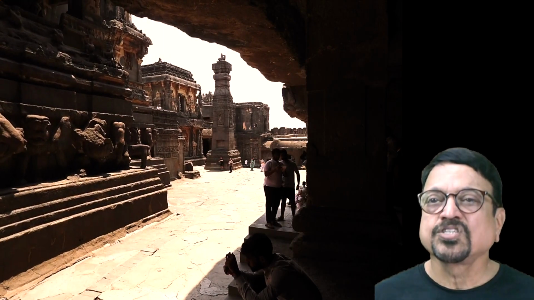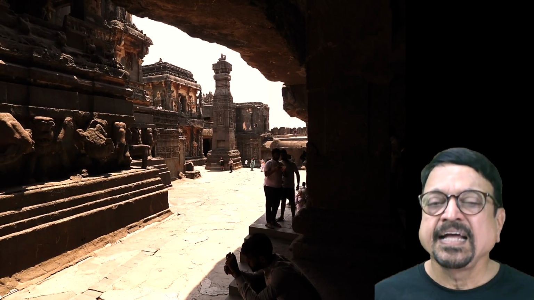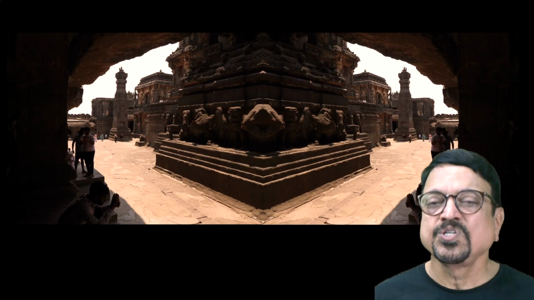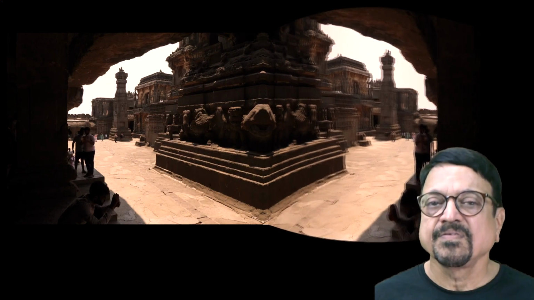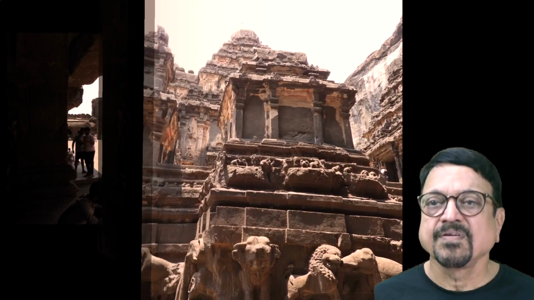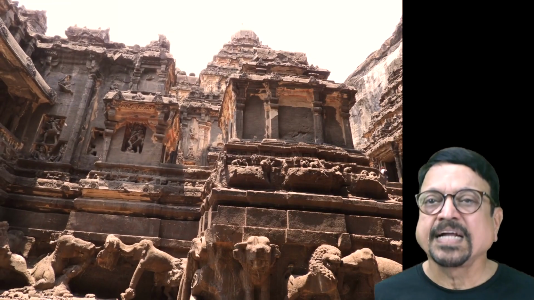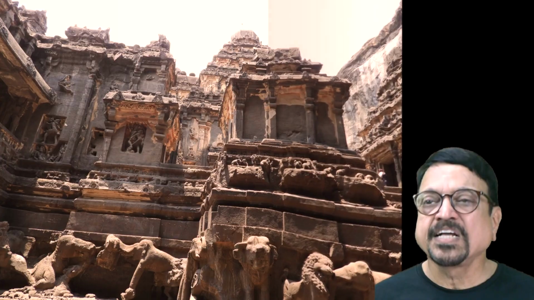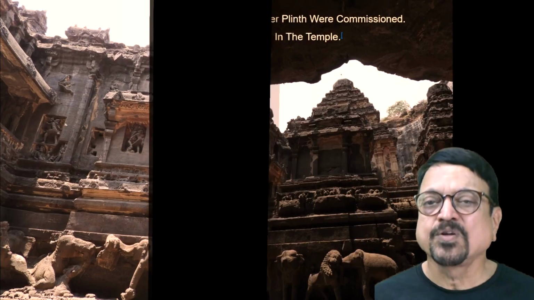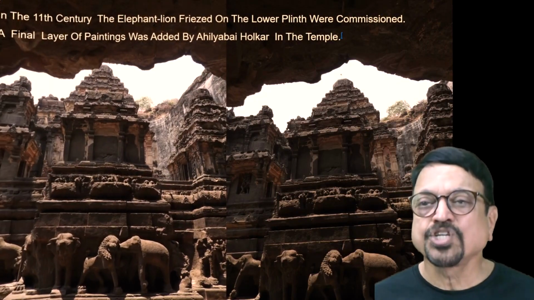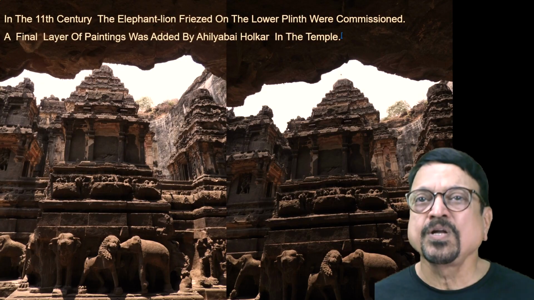Now we are slowly entering the temple with a brief review of the surrounding structures. Look at this. This is two-storied, with some reconstructive work done by the archaeology department. They have to give some structural supports so that it will not collapse.